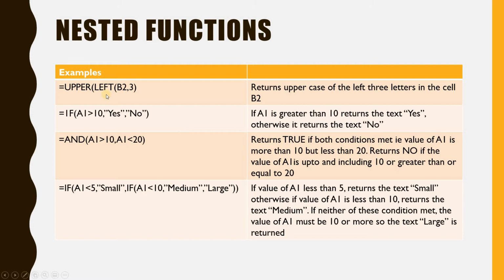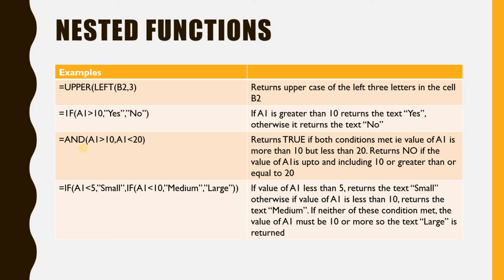In the first example, LEFT returns a text field, and a text field is required by the UPPER function. And in this example, AND returns a logical value, true or false, which is required as the first value for the IF function.